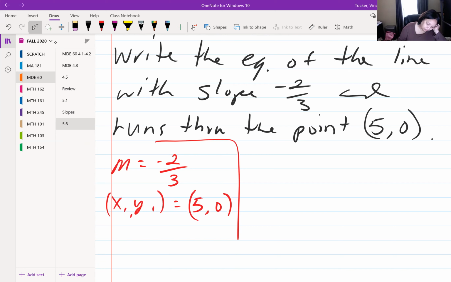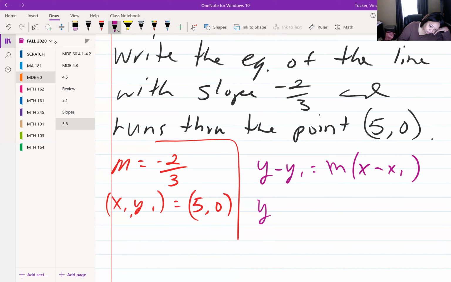So m is -2/3, x1, y1 is (5, 0), and I will rewrite the formula. y1 is 0, -2/3 is m, and 5 is x1.